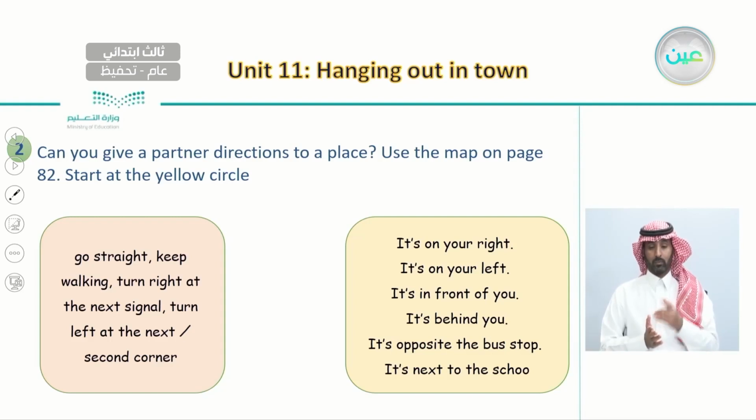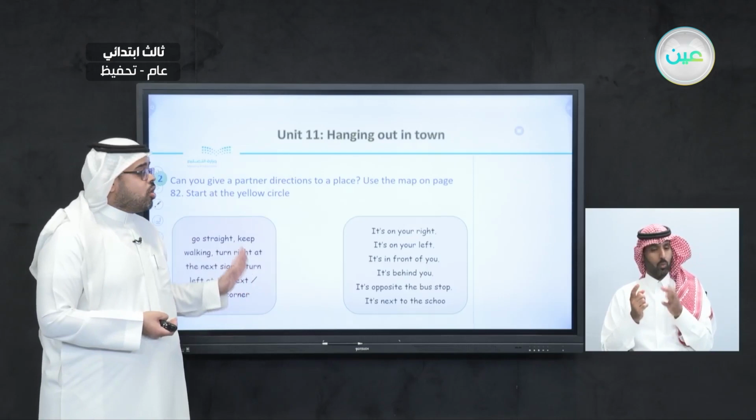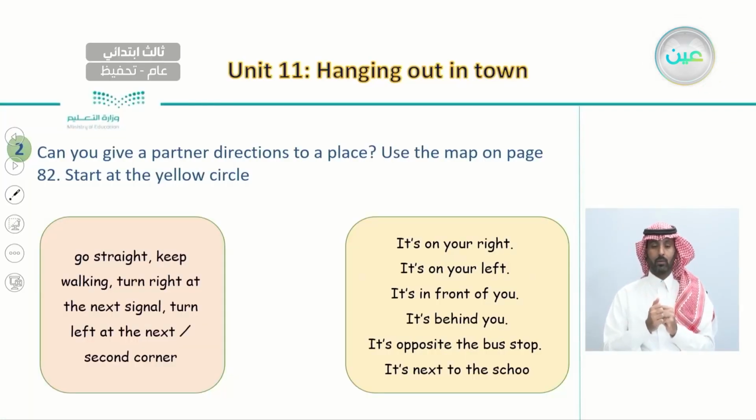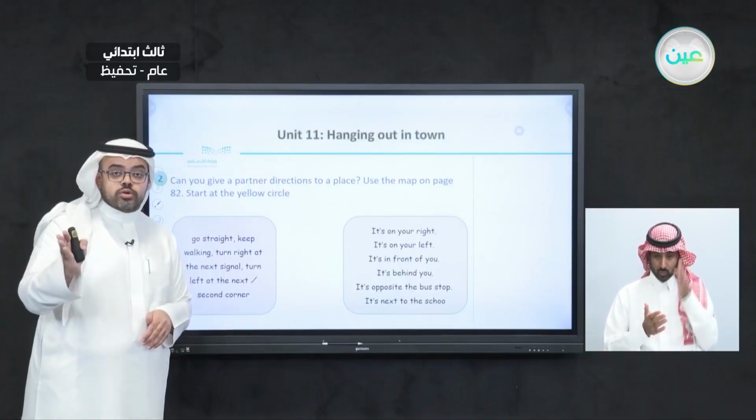So here we have also other alternative phrases that we can use either when we ask for directions or when we give directions. For example, we can say phrases like go straight, don't turn right, don't turn left, just go straight.